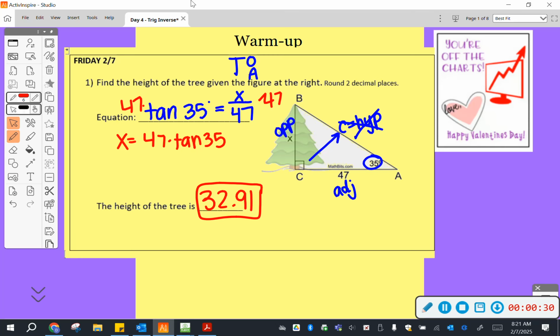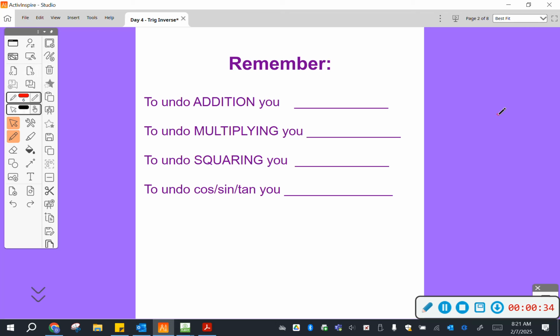So, good news. Before we get started, can anybody tell me what do you do to undo or get rid of addition? Subtract. Do y'all agree with that? You're just looking up at my board, please, not at your computers. This is not anywhere. Don't write this down. What do you do to undo multiplying? You divide. Do y'all agree with that?